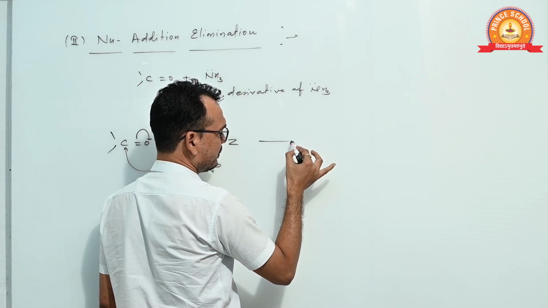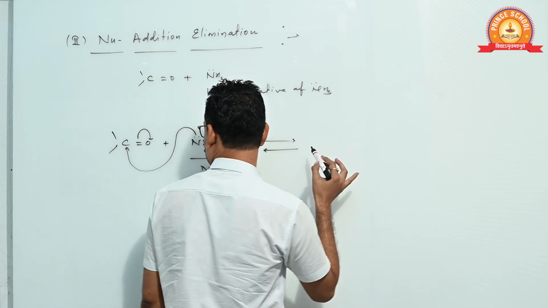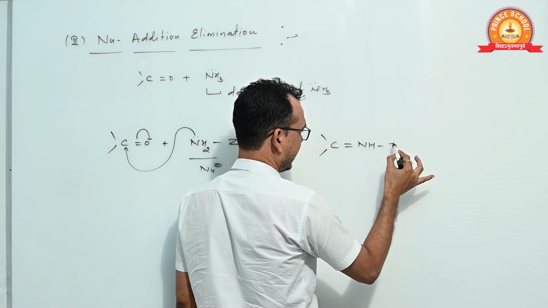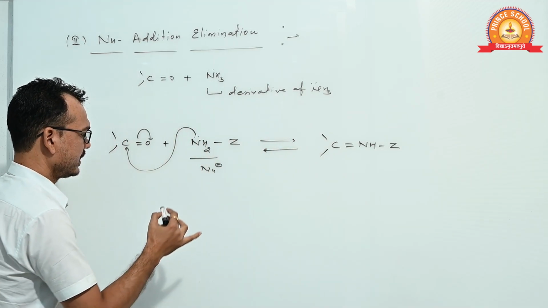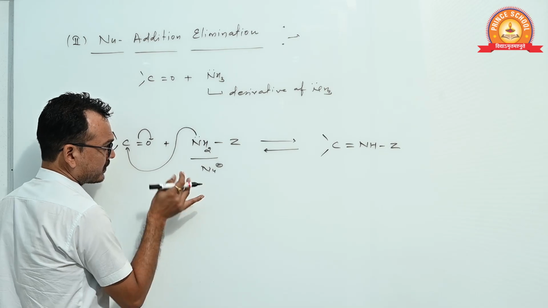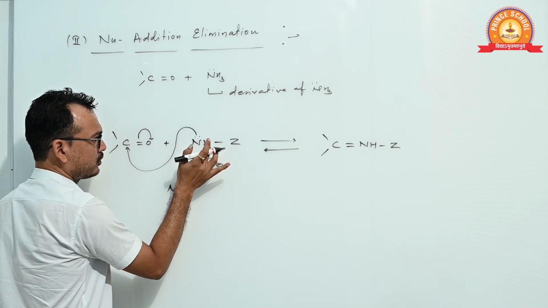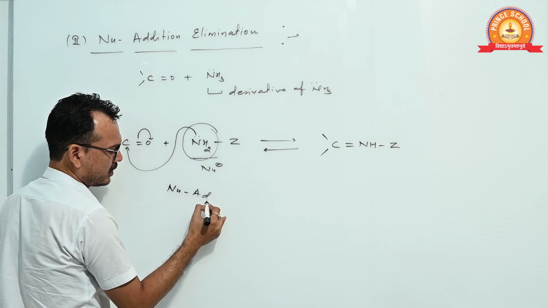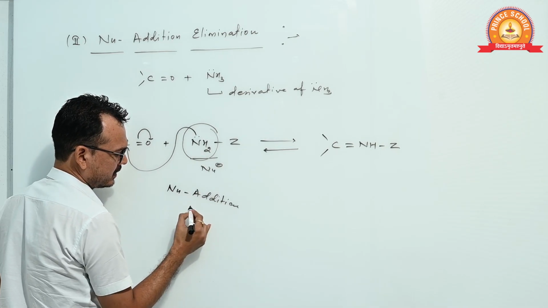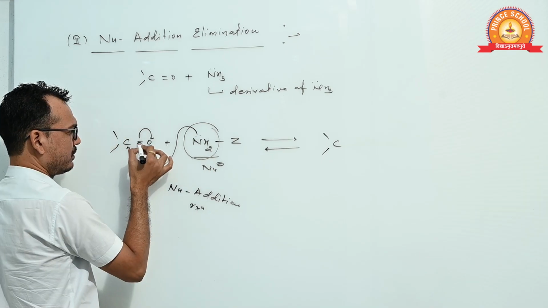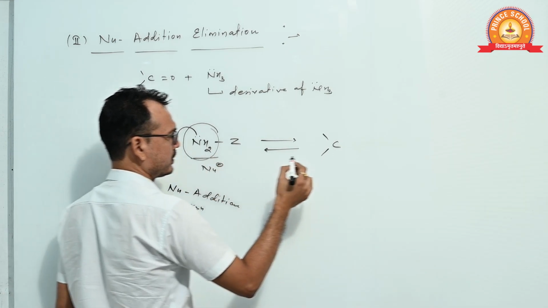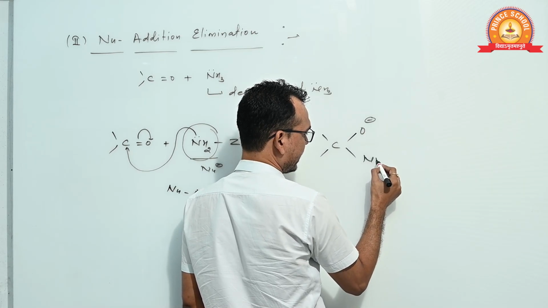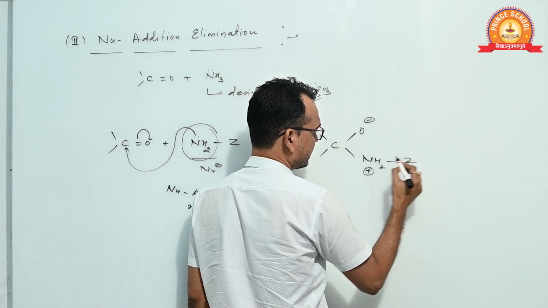This is a reversible step and it gives the intermediate with C-O minus and NH2 plus Z. This is the nucleophilic addition. In this reaction the nucleophile adds on the carbonyl carbon, so we say it is a nucleophilic addition reaction. Clear?